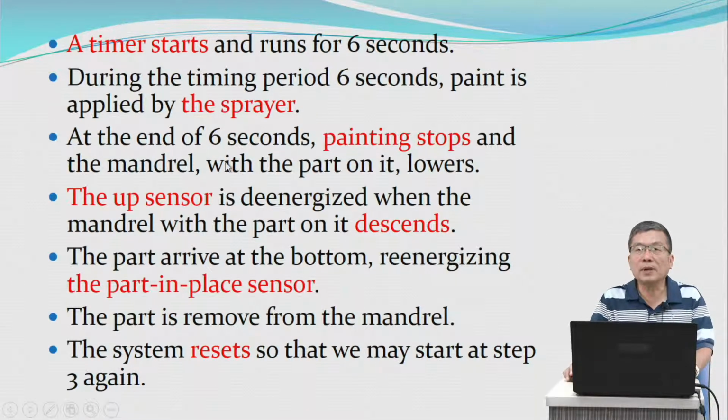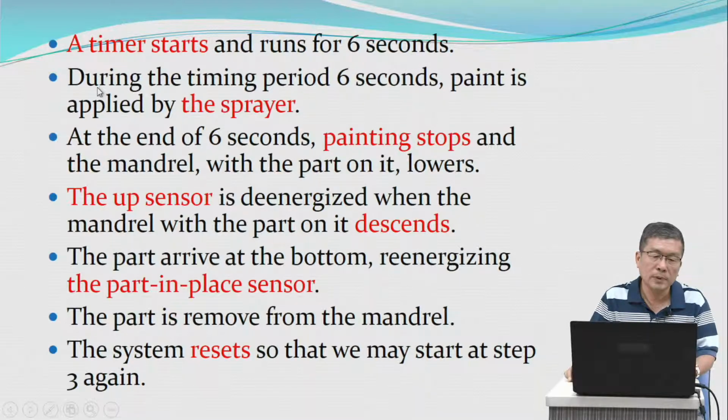A timer starts and runs for 6 seconds. During the timing period, 6 seconds, paint is applied by the sprayer. At the end of 6 seconds, painting stops and the mandrel with the part on it lowers.